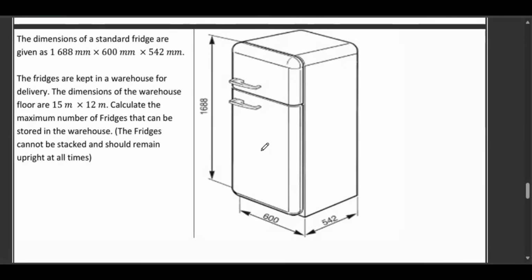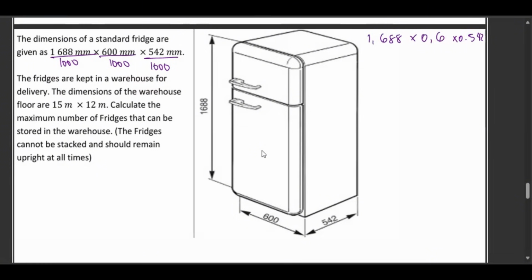So what are we going to do? Here in this scenario, as we said, the units have to be the same. Allow me to do that. I want them to become meters, so I'll divide by 1,000. So now the dimensions are going to become 1,688 by 0,6 by 0,542.